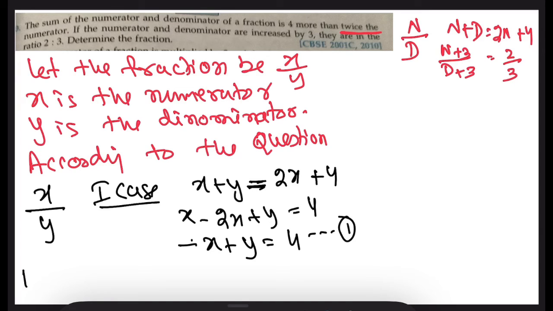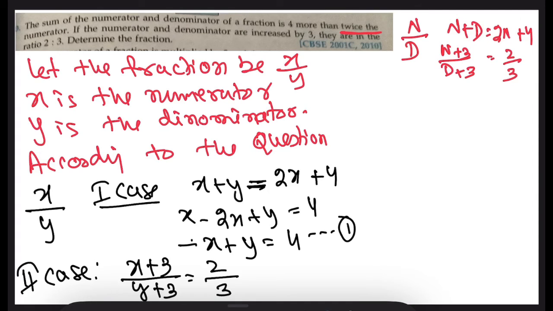Okay. Now, the second case: if the numerator and the denominator are increased by 3, increase means plus, so x plus 3 and y plus 3, then they are in the ratio of 2:3, 2 upon 3. Now, we shall do cross multiplication.